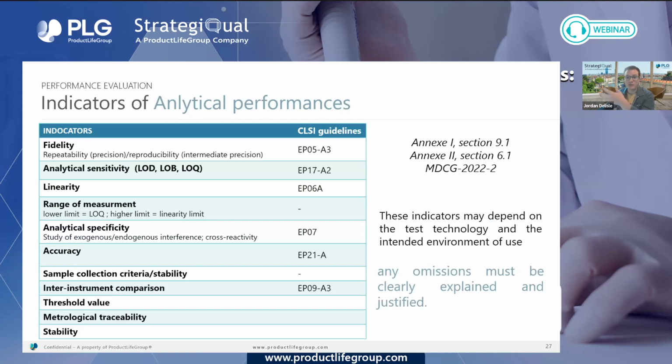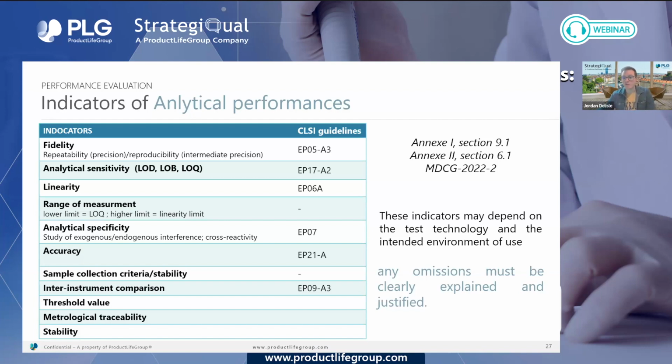These indicators may depend on the test technology and the intended environment of use. The importance and weighting of the various indicators listed in this section of the IVDR should be considered on a case-by-case basis, as not all are necessarily applicable.